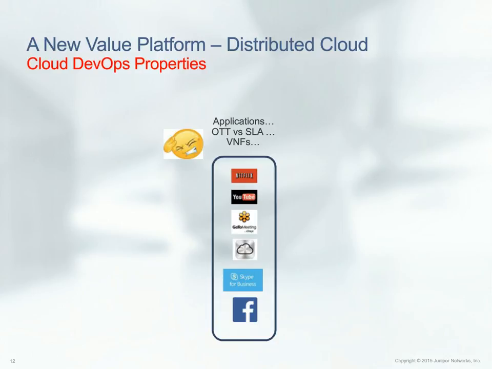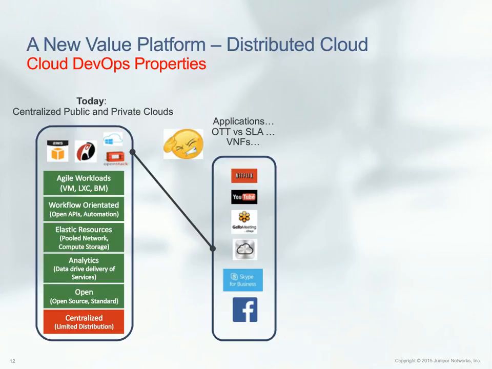So today, if we look at that centralized or cloud approach, there really are several key principles driving the accelerated delivery models of services, the agility of being able to deliver services in the way that customers expect. These are dictated by things like agile workloads, workflow orientation, so that we can customize and automate that customization towards the application-centric view of the customer.